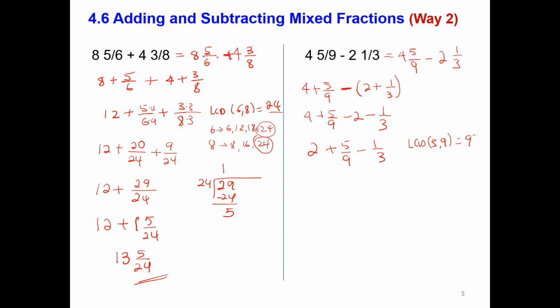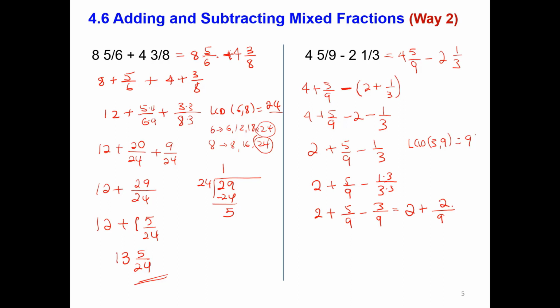Then we don't need to do anything to this one, but we need to multiply by 3 here because we want 9 as the denominator. And we have 2 plus 3 over 9, which equals 2 plus, 5 minus 3 is 2.